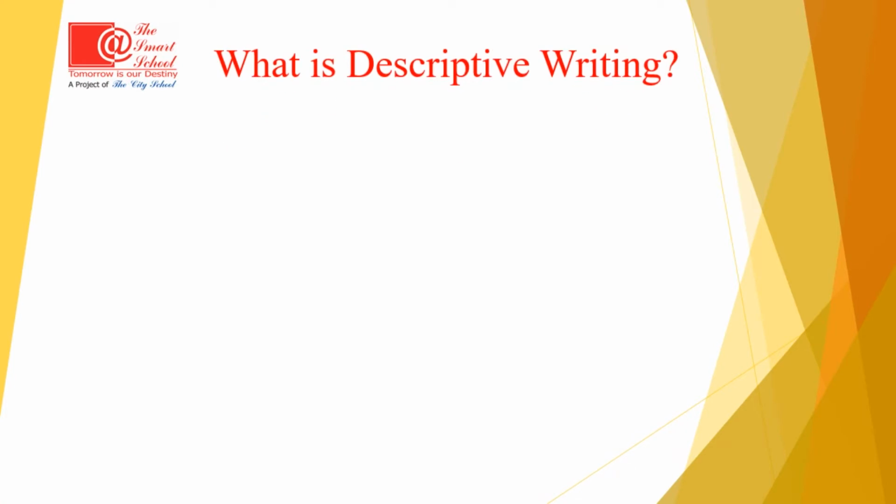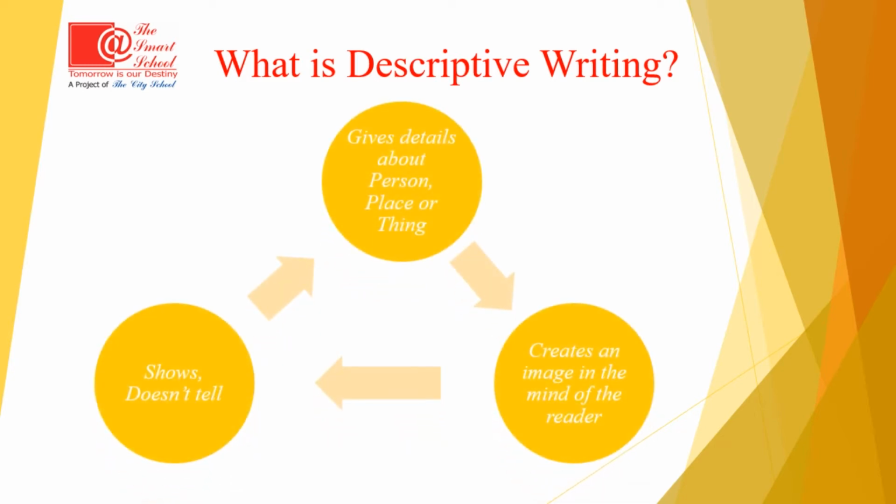Now, let's think about it. What is descriptive writing? You guys have written descriptive passages before as well. Yes, descriptive writing is when we give details about certain things. It could be details about a person, place, or a thing. Description is so clear that it creates an image in the mind of the reader.